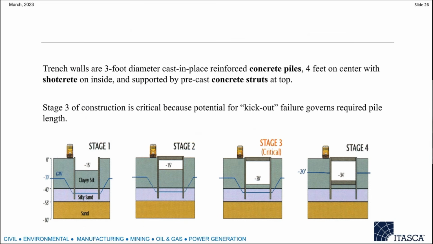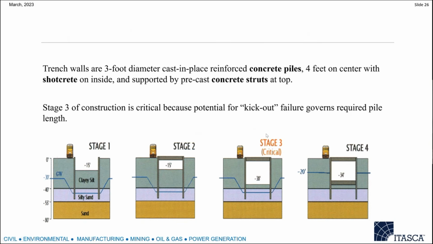So these are the trench staged construction figures: stage 1, stage 2, stage 3, and stage 4. For stage 1, it's some excavation, and stage 2 is supported by a beam.